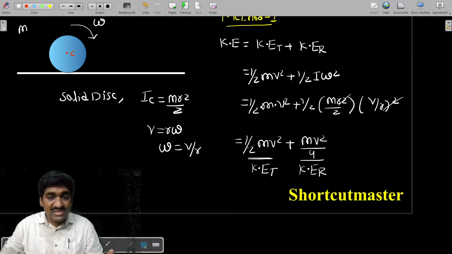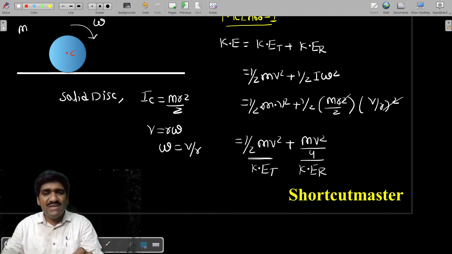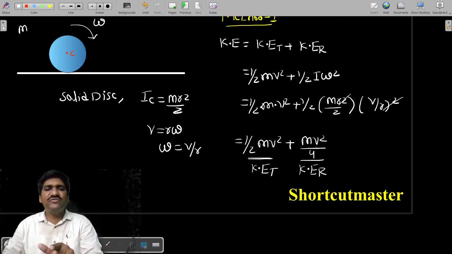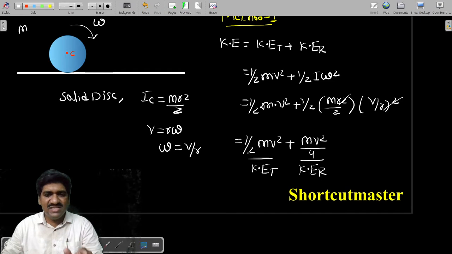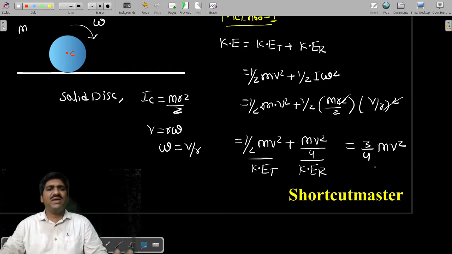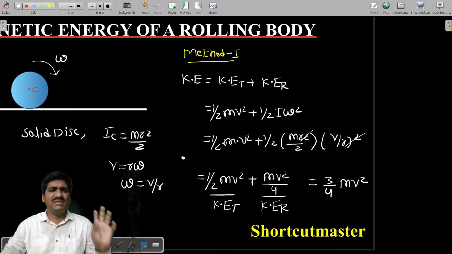This is half m v square, this is 1 by 4 m v square, which means the kinetic energy in rotation is 50% of the kinetic energy in translation. Both together give 3 by 4 m v square, and this is a general method.